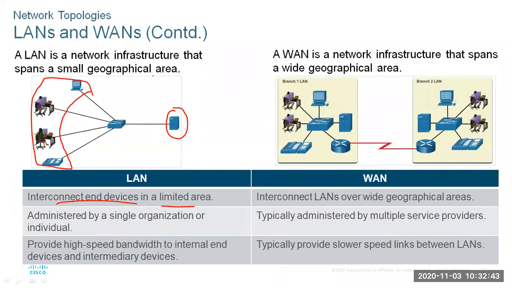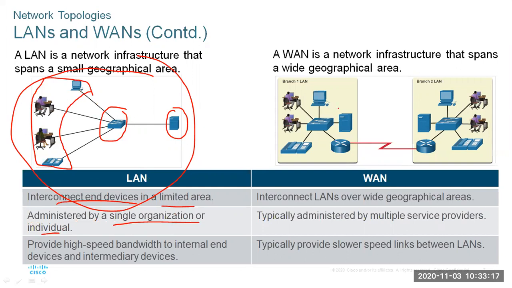So in a small geographical area, a local area network interconnects these devices using an intermediary device under a single administration, or it is administered by a single organization or individual. That's a key element in the description of our LAN. And they also provide high-speed bandwidth to the internet and end devices. All right, that is a local area network.